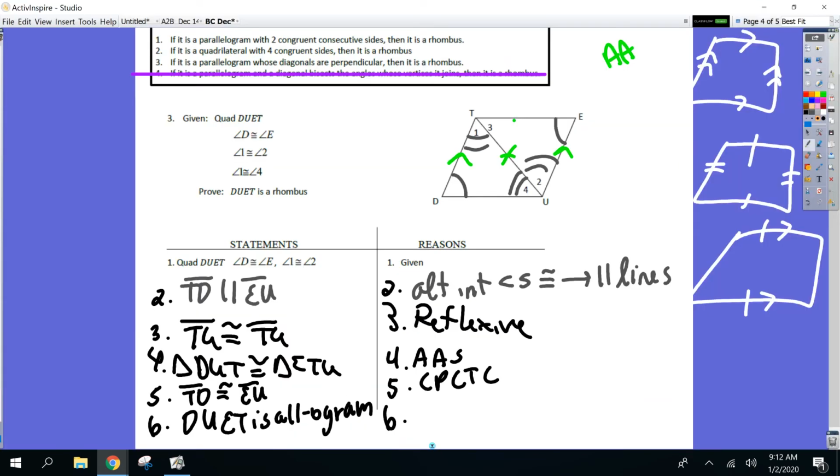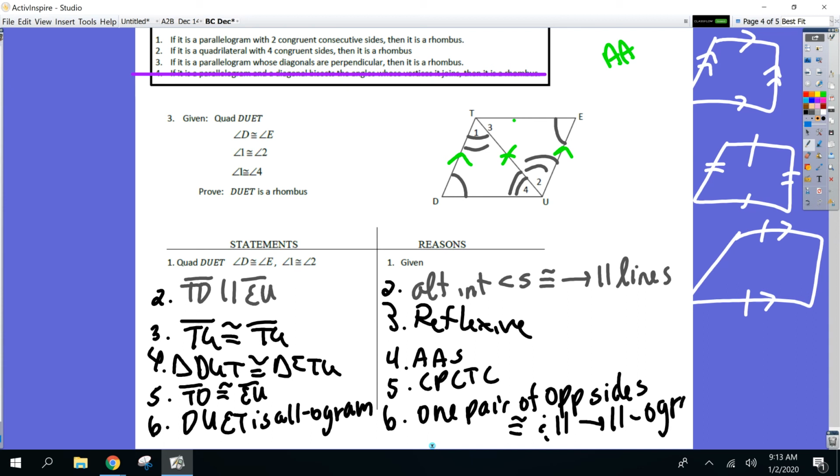Enlighten us. One pair, yep. Hold on, can't be any pair of sides. They have to be what to each other? One pair of opposite sides. Keep going. Congruent and parallel implies a parallelogram. Yep.